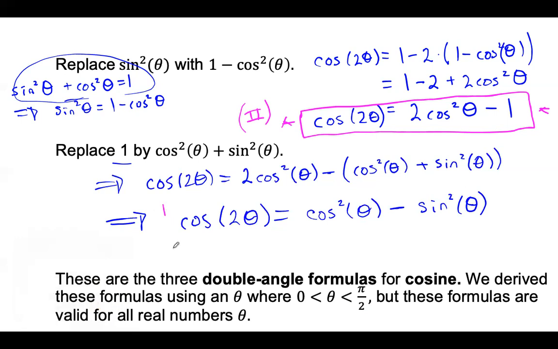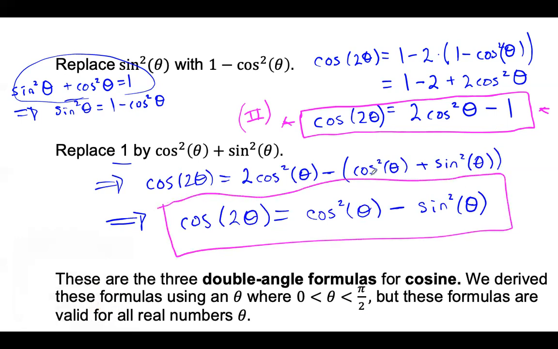Let me put this one in another box. So these are the 3 double angle formulas for cosine.